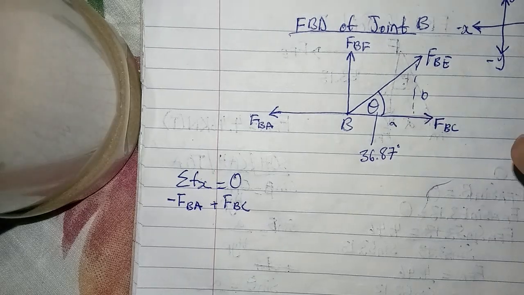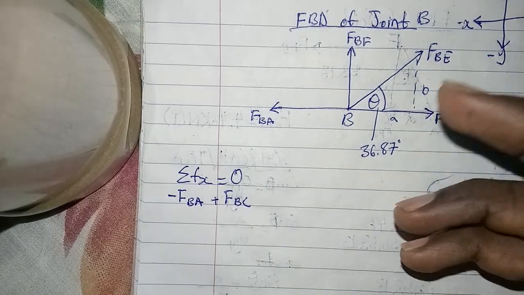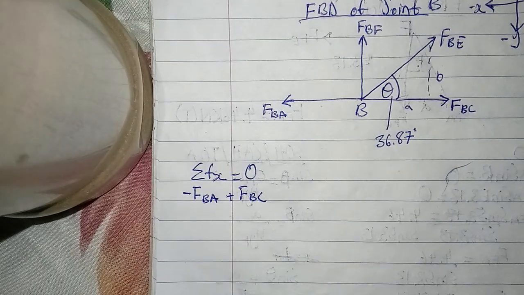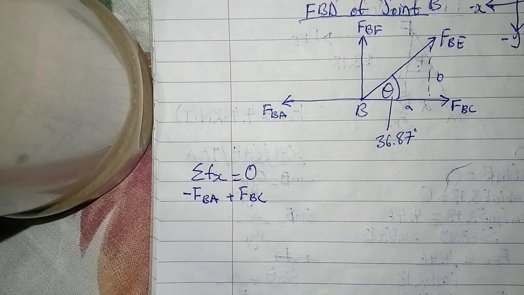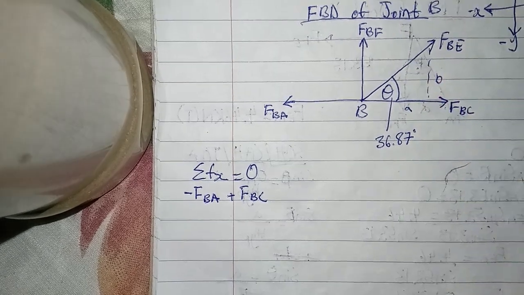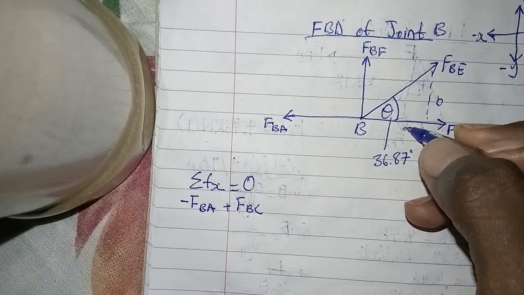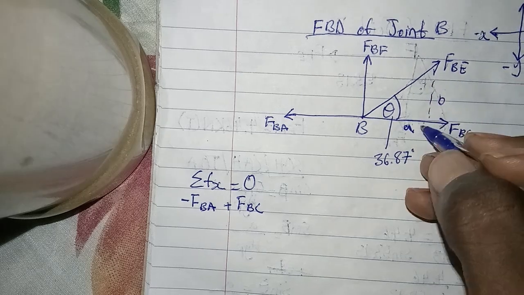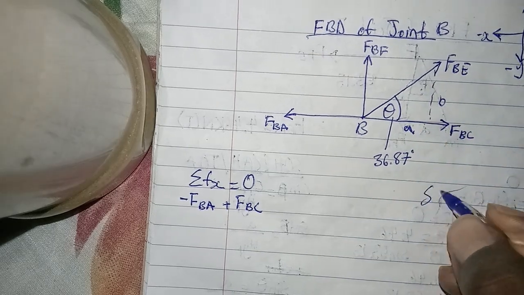For every inclined force, it has both a horizontal component and a vertical component. We are going to take the horizontal component of this inclined force. We deal with the adjacent, which is A, and the hypotenuse.